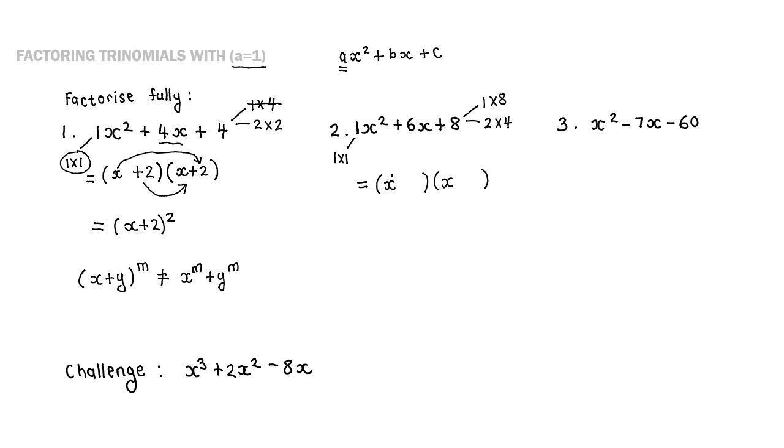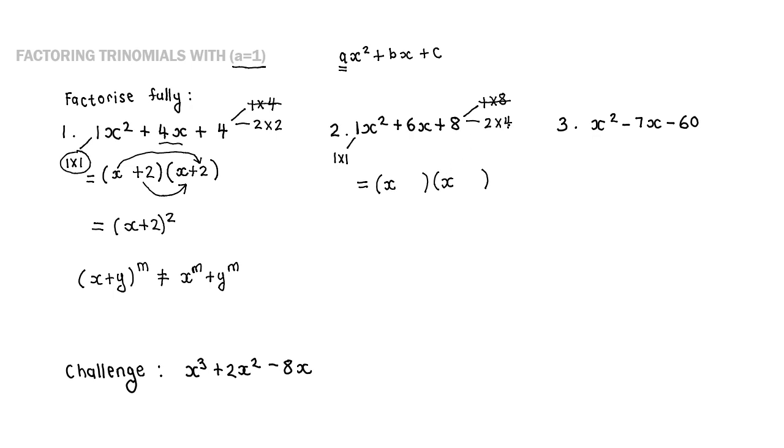So if we consider this first factor, we'll have x plus 8x, which is 9x, and we are looking for a 6x. Even if we think about 8x minus 1x, that is 7x, and we're looking for a 6x, so which means we can't use this one. Let's think about the second one.